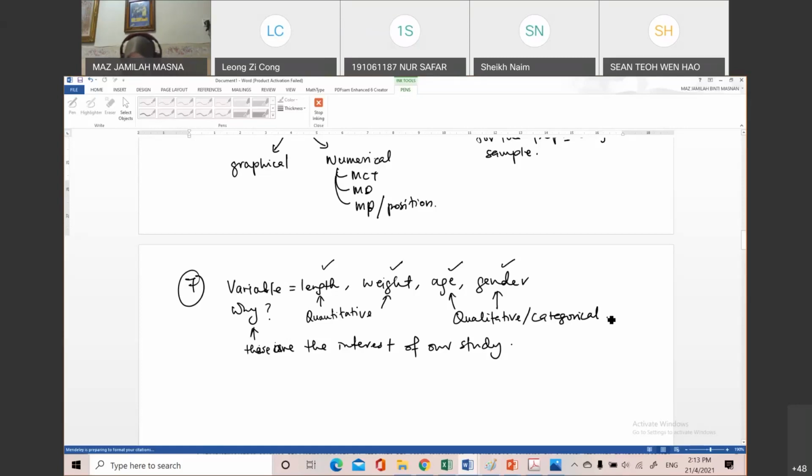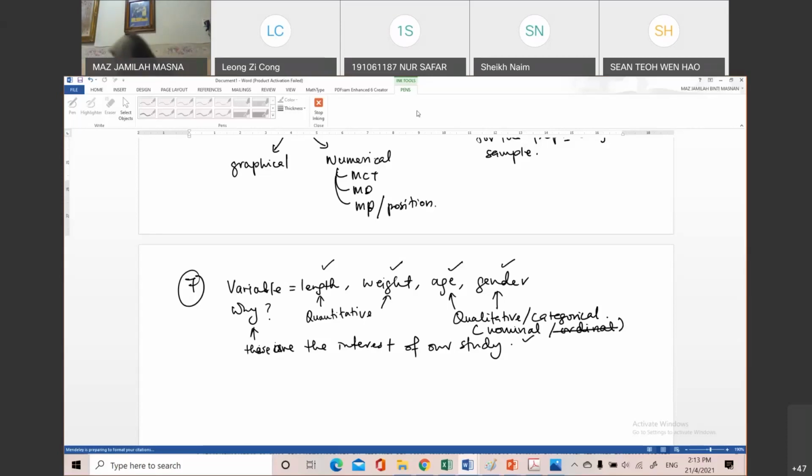Do your categorical or qualitative variables include any ordinal or nominal? Age and gender, is it ordinal or nominal? Nominal, because they are not in order. So they are nominal. Okay.